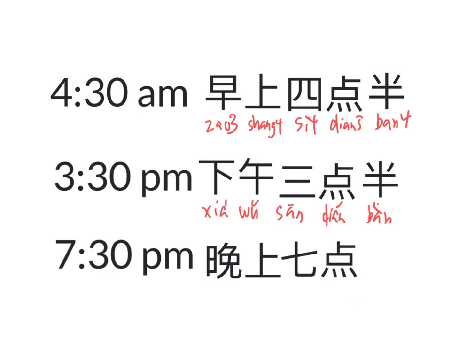And then the last part would be the character 半, because it's only 30 minutes. So we have 晚上7点半. Let me just type the pinyin for you. Excuse me for my handwriting, but you could always check the pinyin in the other part of the video.